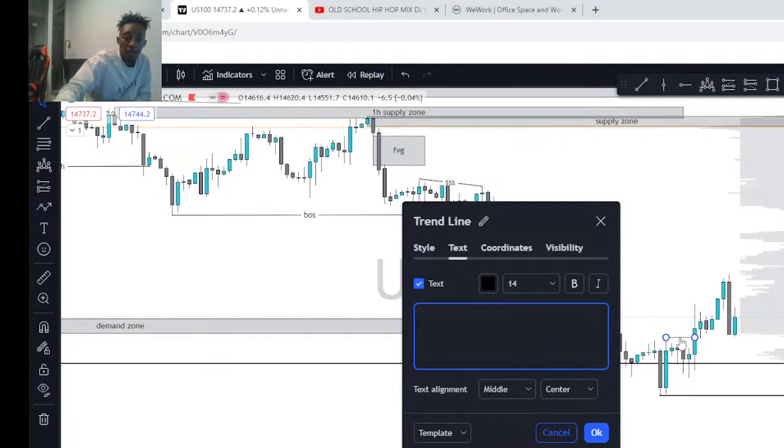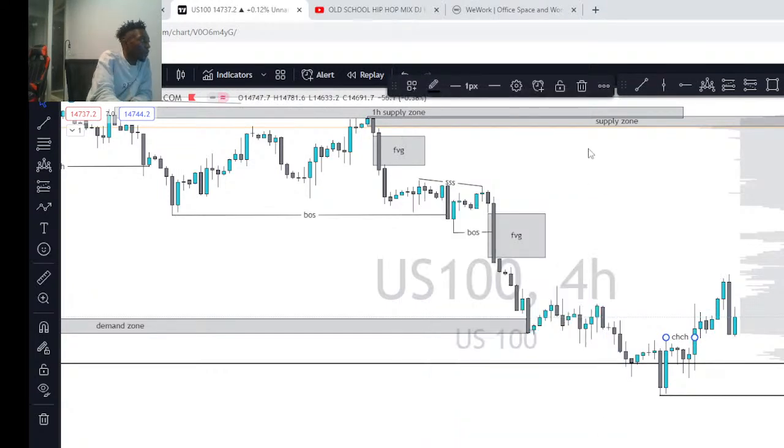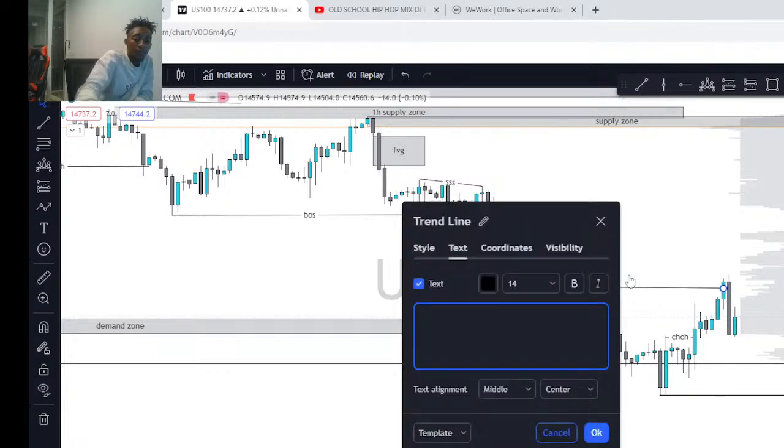We also experienced a break of structure here. After a break of structure, the market needs to go in the opposite direction. You can see after giving us that break of structure, the market dropped heavily. You understand? BOS.